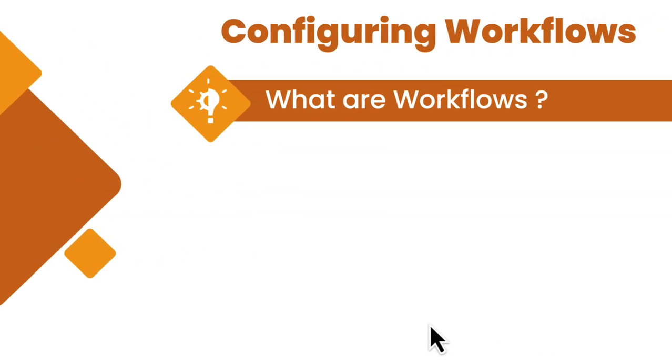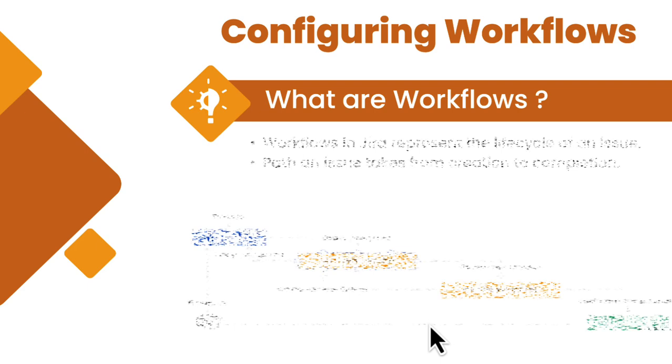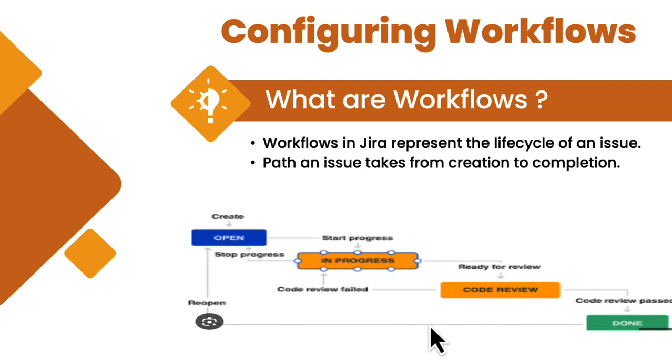Now moving ahead, we'll talk about workflows. What are workflows? In Jira, the path your issue takes throughout its life cycle from creation to completion is called a workflow. That is, workflows in Jira represent the life cycle of an issue. They define the stages an issue takes before it reaches the resolution state.